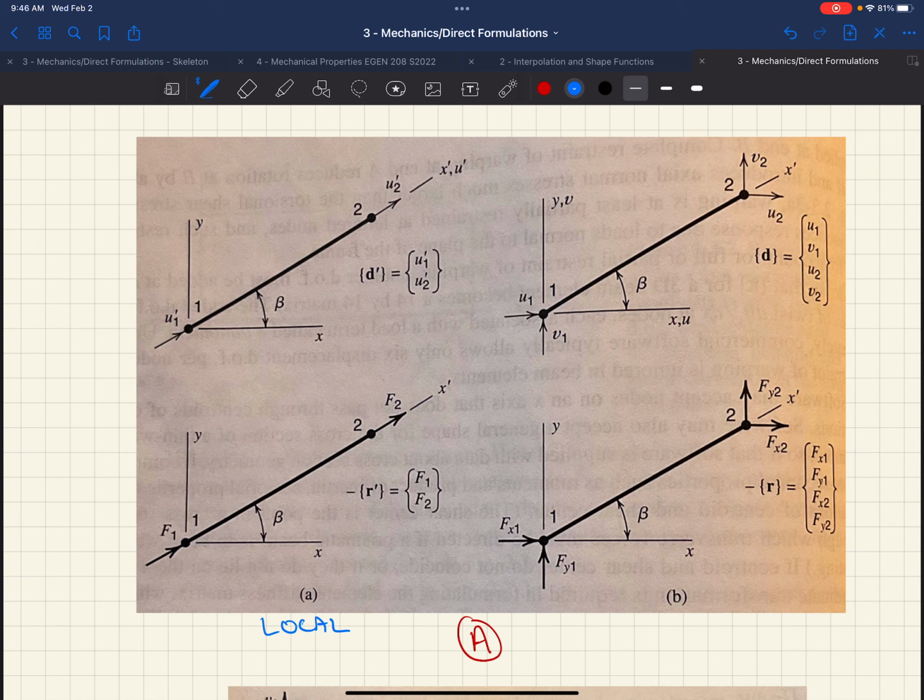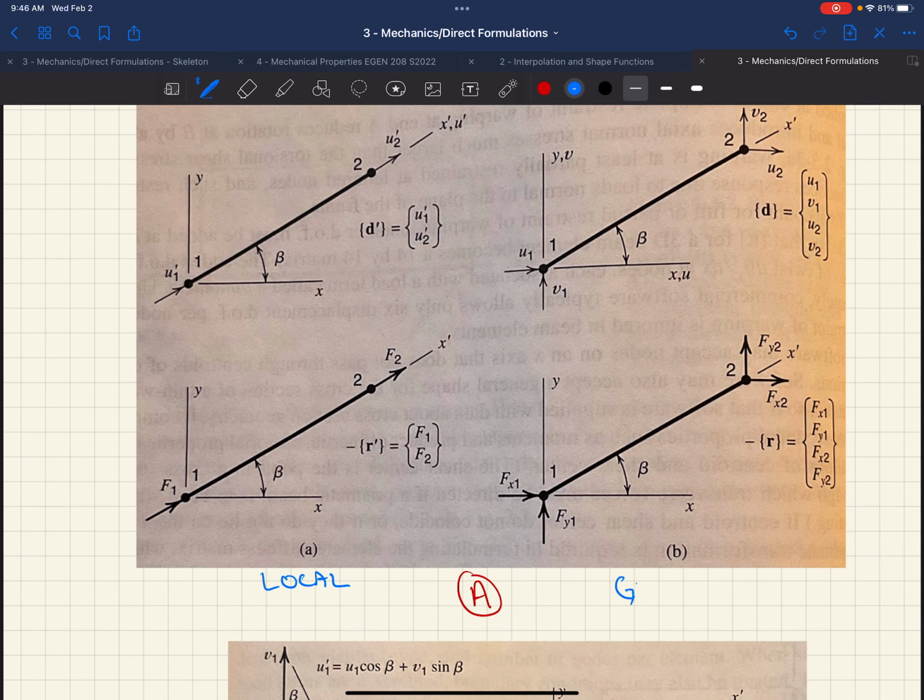Our deformation at 2, u2 prime, becomes now a u2 and a v2, coordinates in each of those directions. So our d prime matrix goes from just u1 prime and u2 prime to u1, v1, u2, v2, right? So this would be our global.